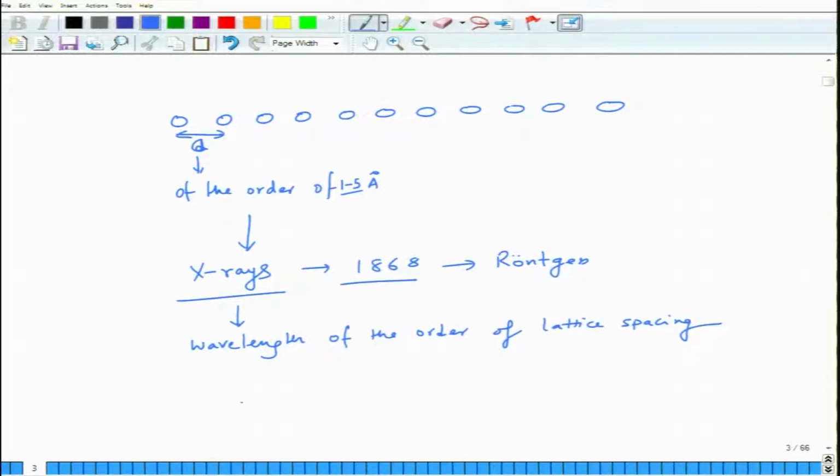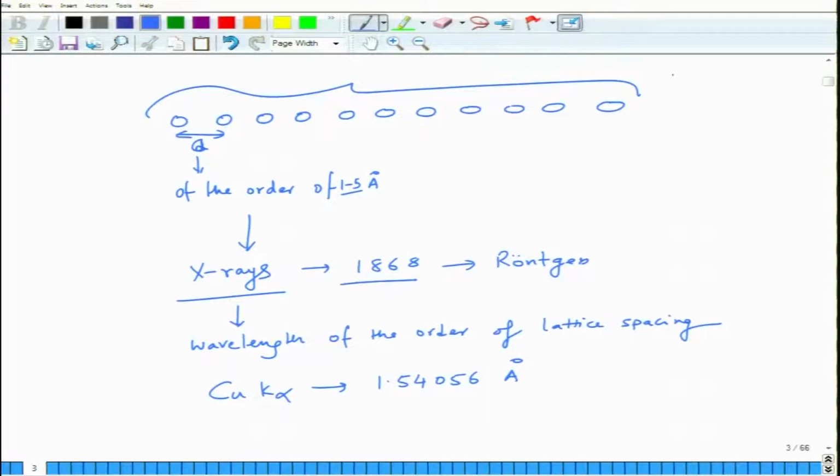So, for example, copper K alpha X-ray, it has a wavelength of about an angstrom, which is nearly of the same order of magnitude as you have the lattice spacing. So, this was a major turning point in terms of characterization of crystals post Thomas Young's two slit experiments.